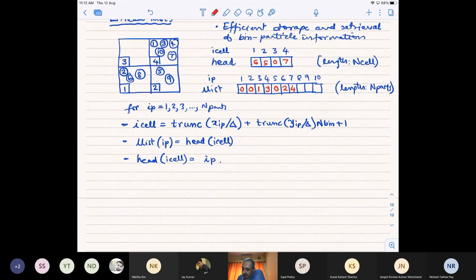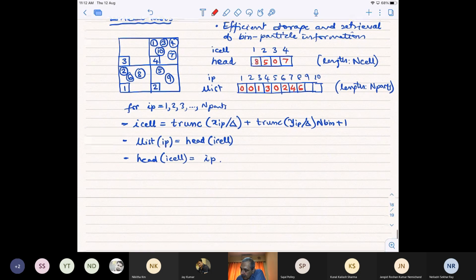Then where is 8? 8 is again in 1. So this head of 1 is 6. So 6 comes over here. And instead of 6, I put 8.